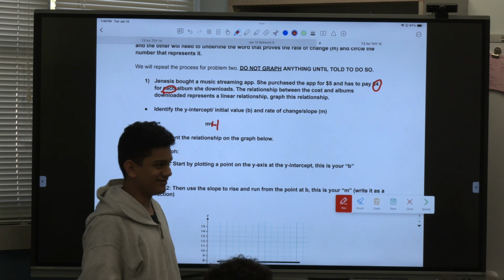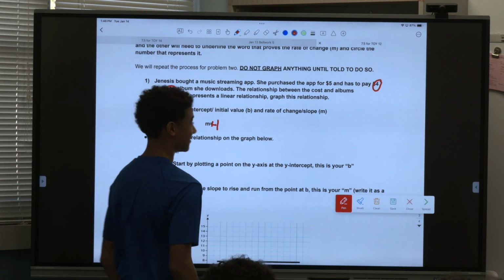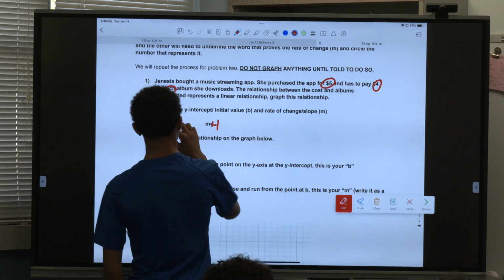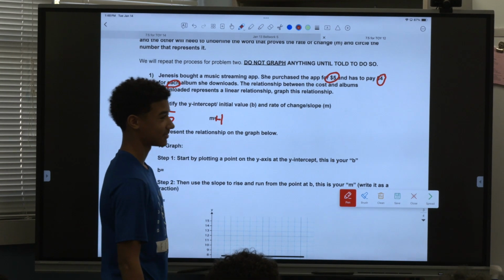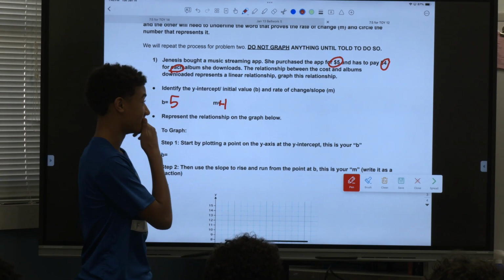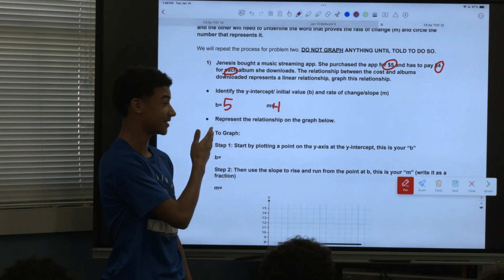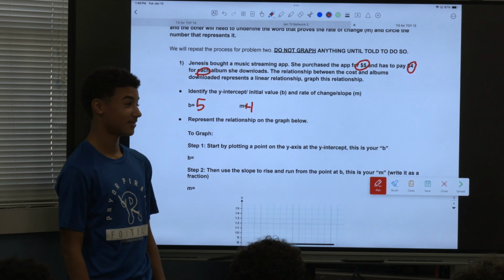Okay, Bentley, your turn. What is the starting point? 5. Write it. Circle it. Okay. Write it there for B. Face your classmates. What makes that the starting point? I'm gonna be honest, because I already knew that 4 was M, and I just saw 5, and then I put 5 for B. That is a strategy, you guys.